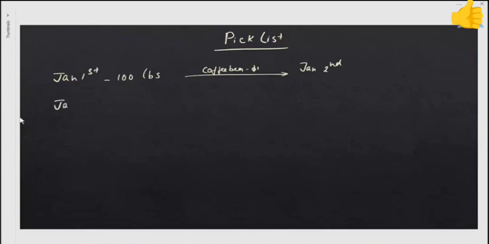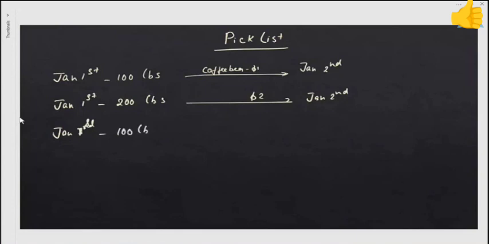And on Jan 1st, again, there is another reservation somebody else has created for coffee beans O2 to be delivered on Jan 2nd. And on Jan 1st again, there is 100 pounds of coffee beans O1, let's say, to be required on Jan 3rd.